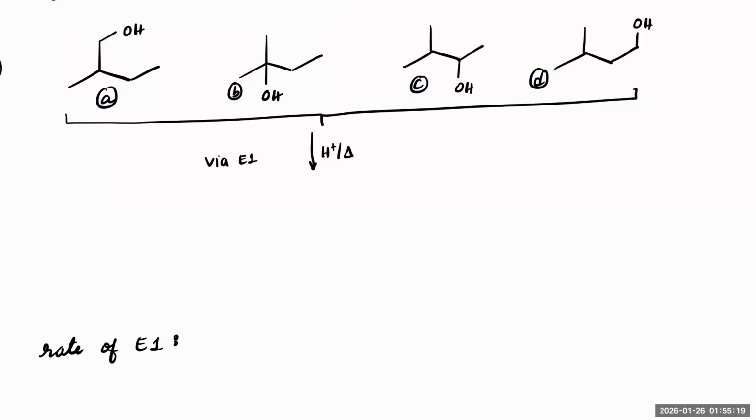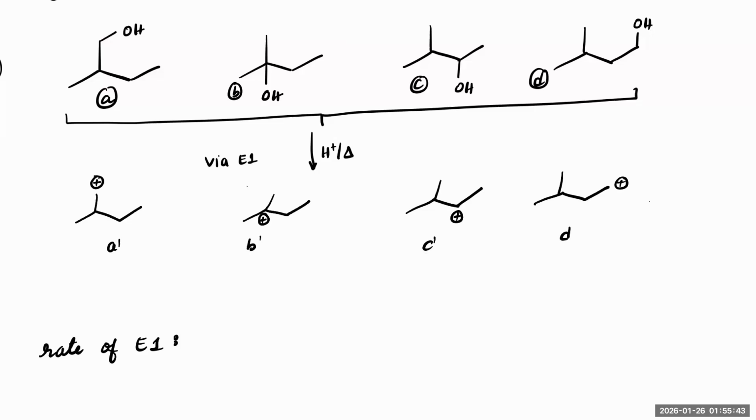And if it is coming via E1, what are all the carbocations which are forming here? First carbocation, I'm not talking about the second carbocation or thereafter rearrangement. First carbocation is like this, and one more is like this, and one more is like this. So you can see this, I'll write it as A dash, B dash, C dash, and D dash.